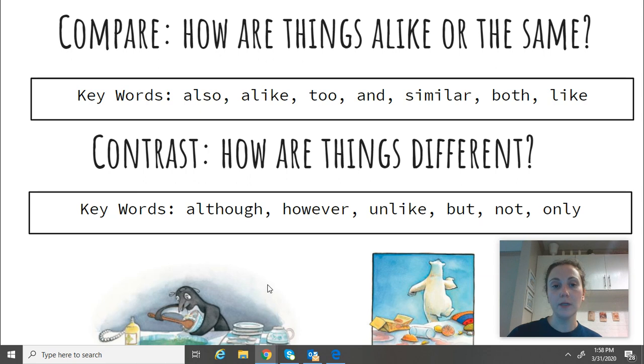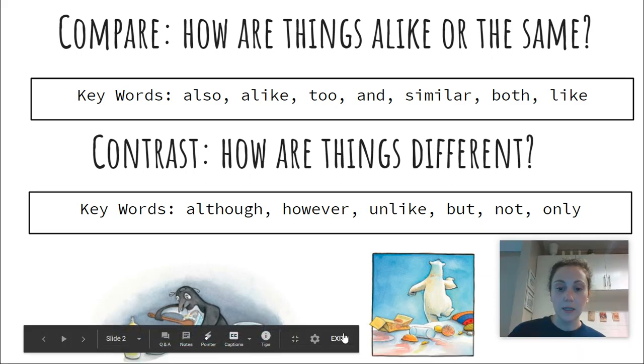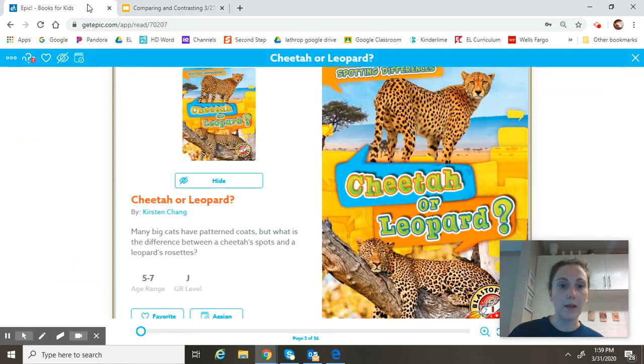So when I'm reading about cheetahs and leopards today, if you hear one of those words, that should send a message to your brain that the author is sharing a comparison with us. Some keywords that can signal a contrast or how things are different are although, however, unlike, but, not, and only.